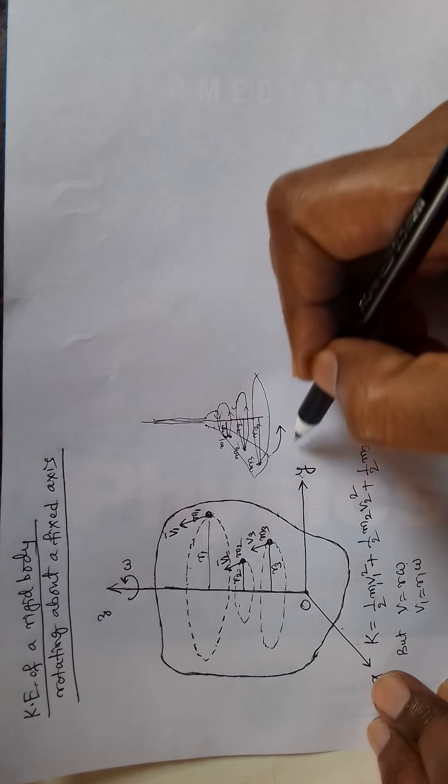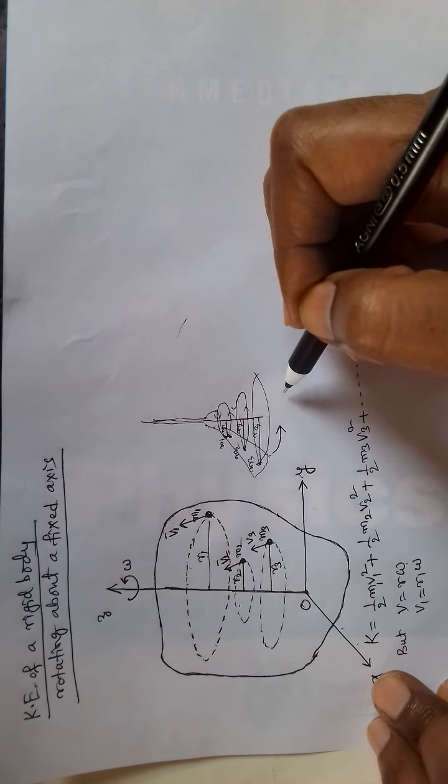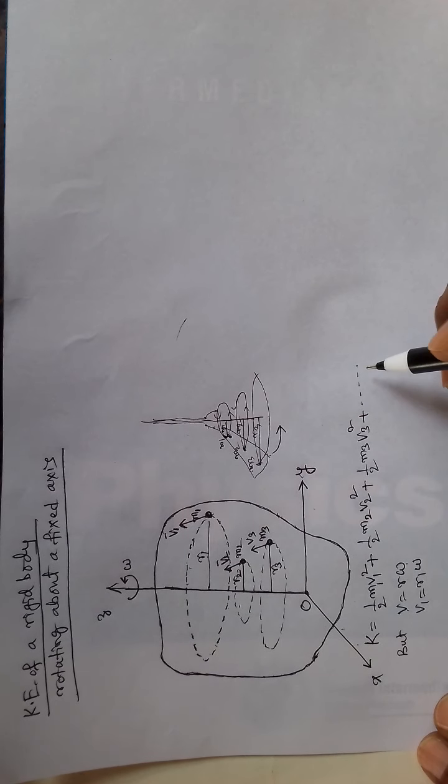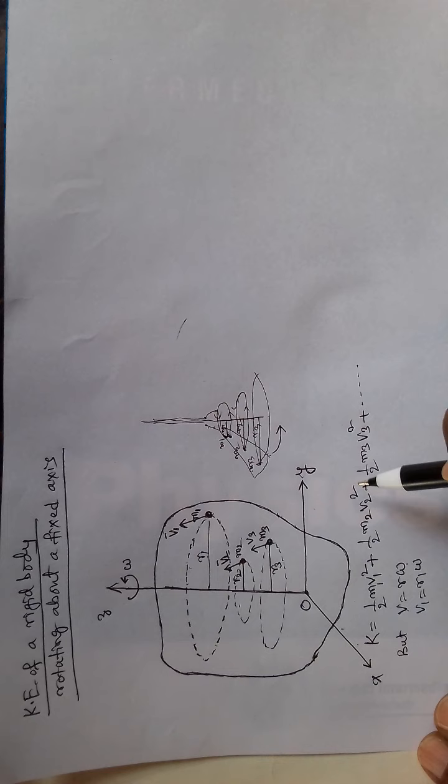They take the same time to complete one rotation. Therefore, we don't write omega 1, omega 2, omega 3 like that. Only omega, because all the particles have the same angular velocity.